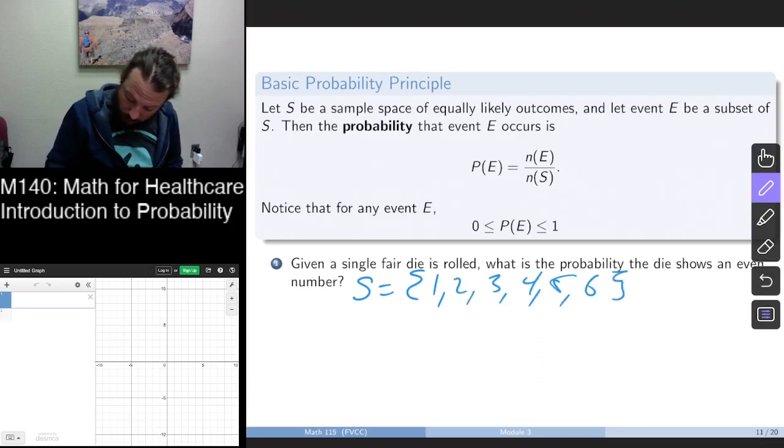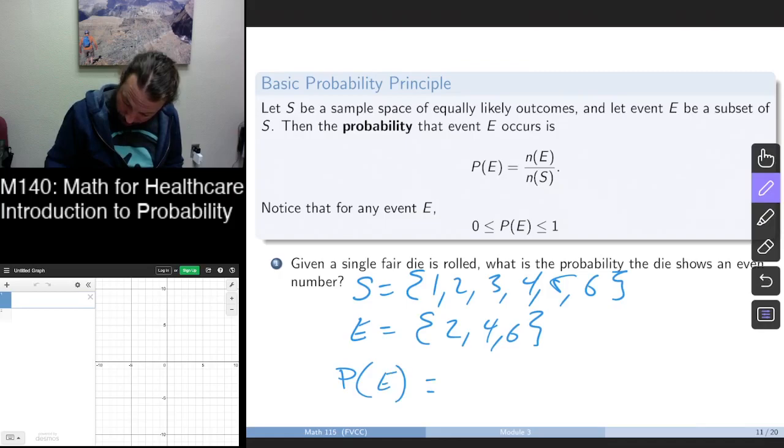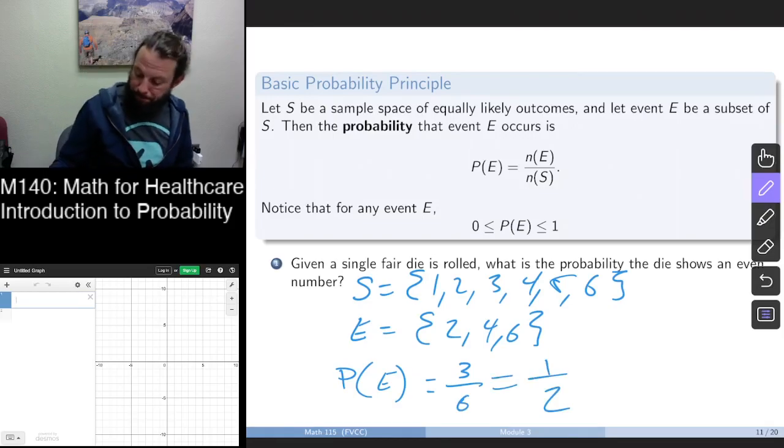What is the event we're interested in? That is an even number: 2, 4, 6. That's it. And so the probability of E equals 3/6, which reduces to 1/2, which we would expect.